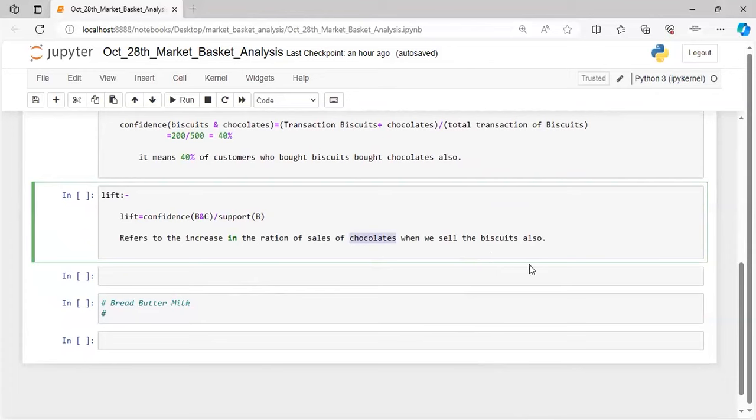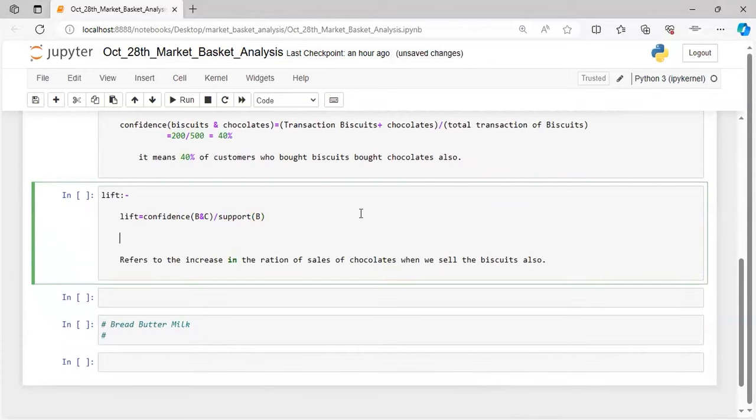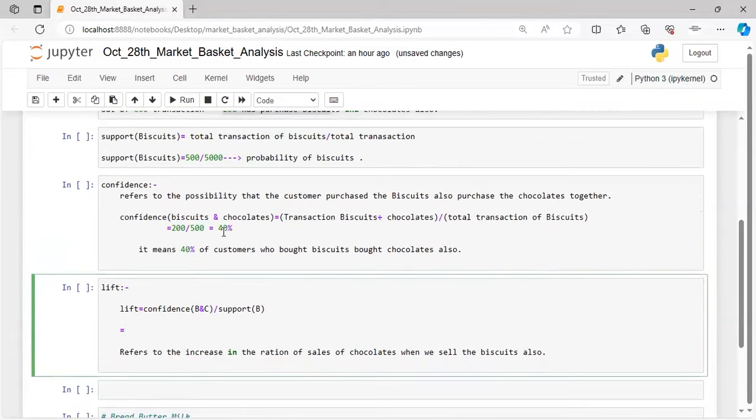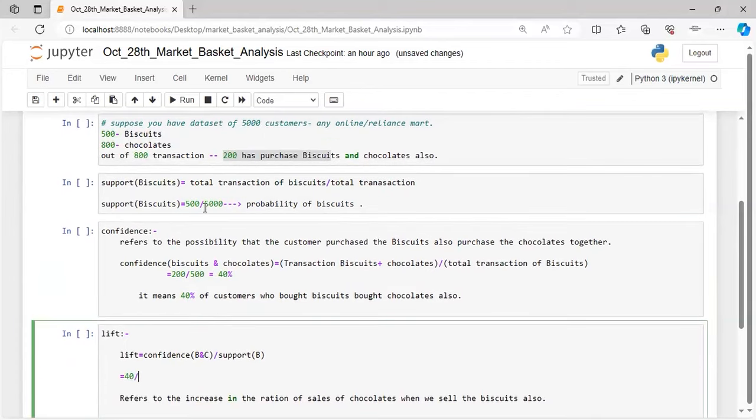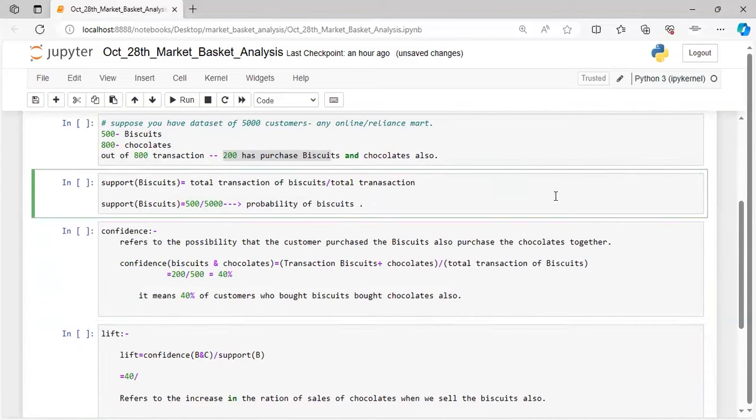Okay, so we can calculate this. Lift will be: this value was 40, divided by support of biscuit, which is 10, basically 0.1, or you can just consider it as a percentage.